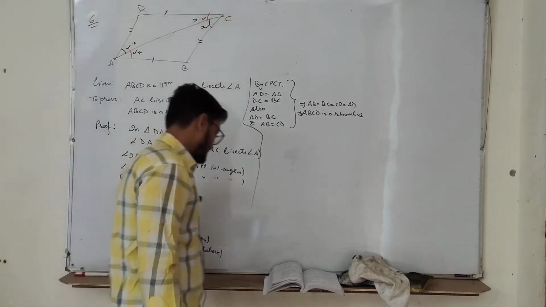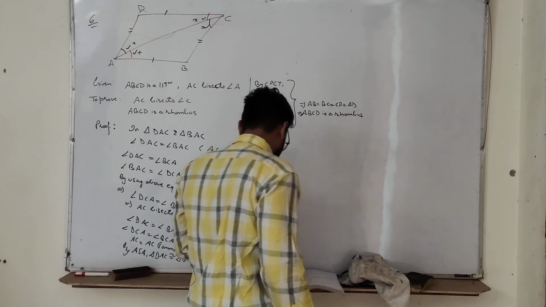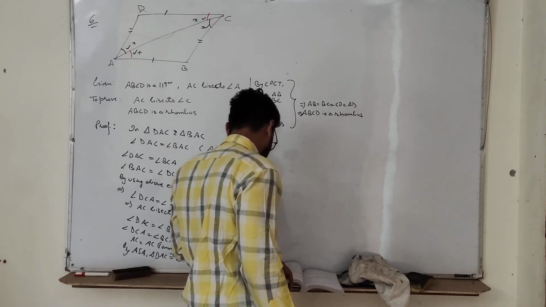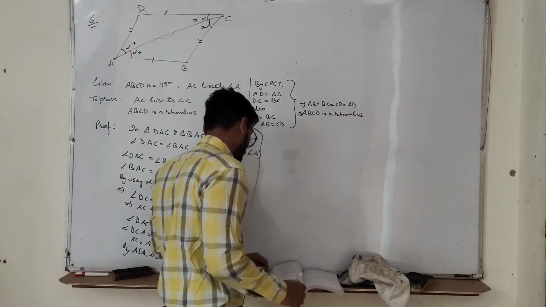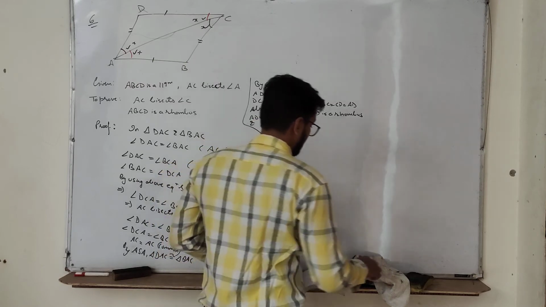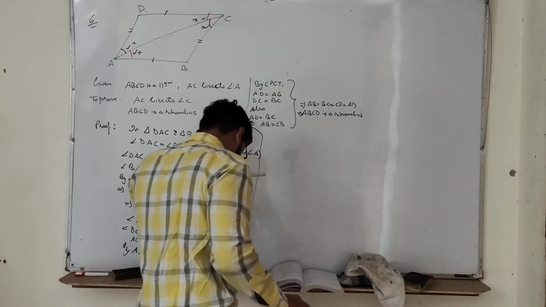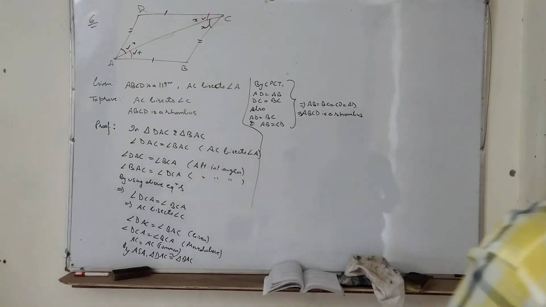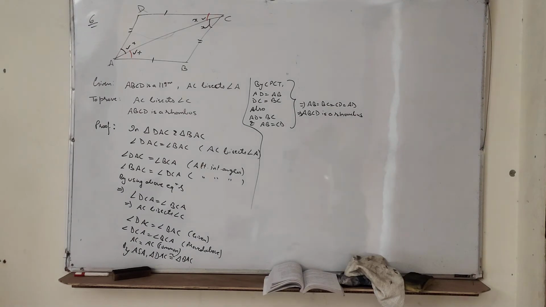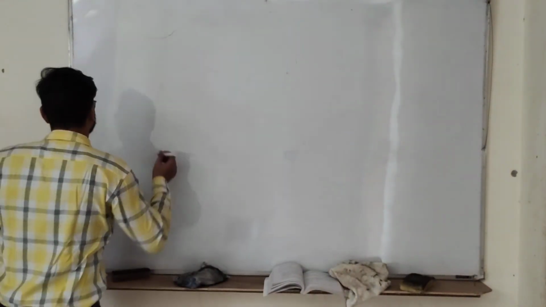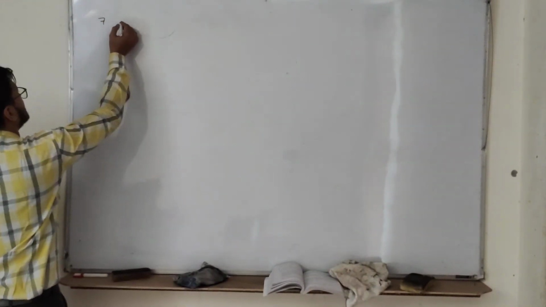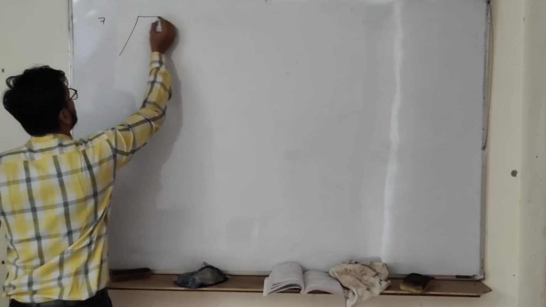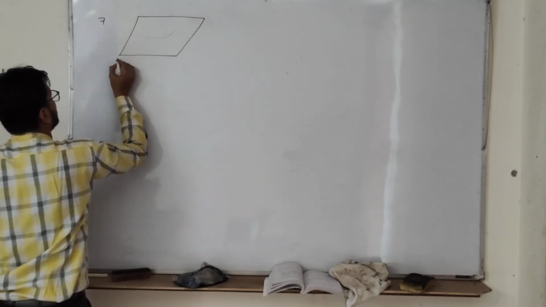Next, question number 7. If ABCD is a rhombus, show that AC bisects angle A as well as angle C, and diagonal BD bisects angle B as well as angle D. So if ABCD is a rhombus, just pause the video. Probably this is the last question of this video. Given: ABCD is a rhombus.